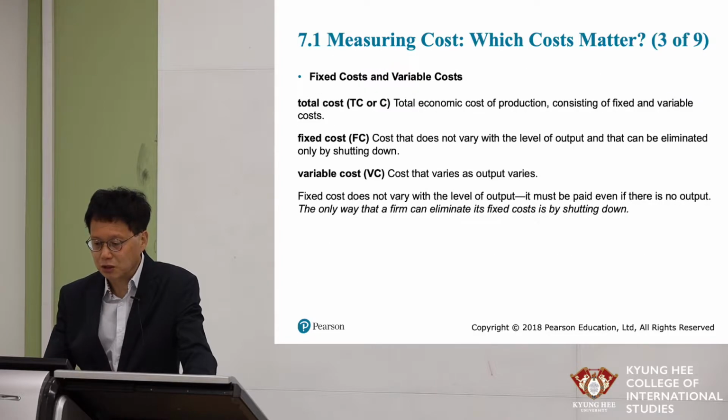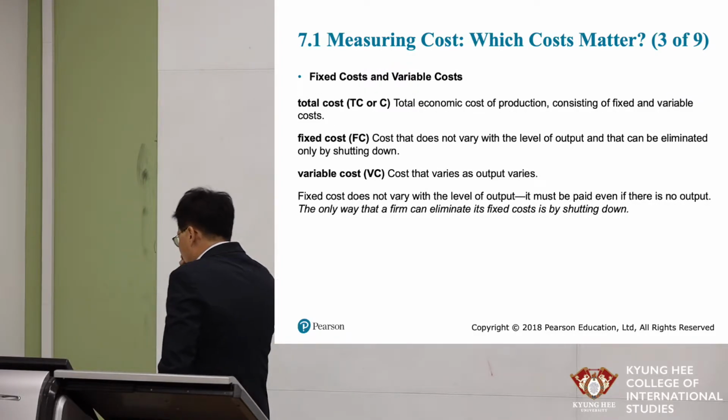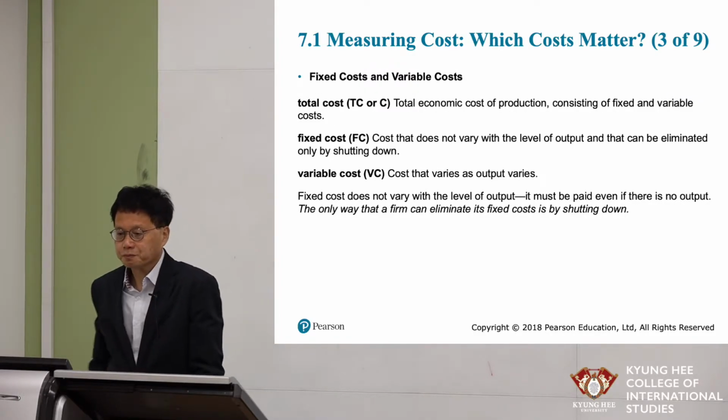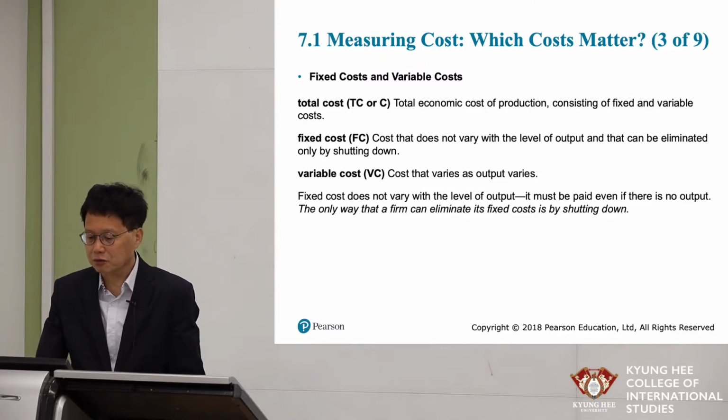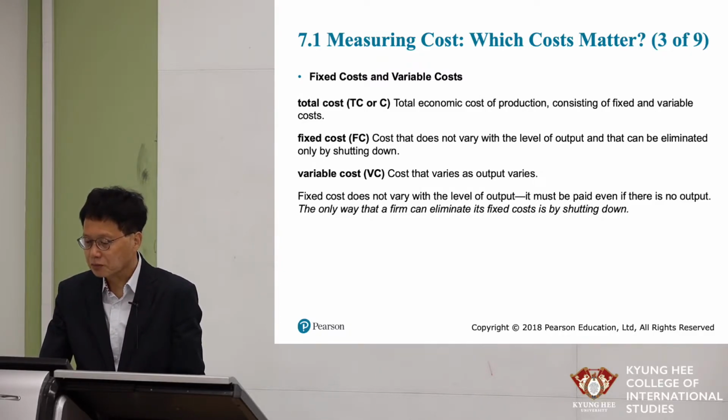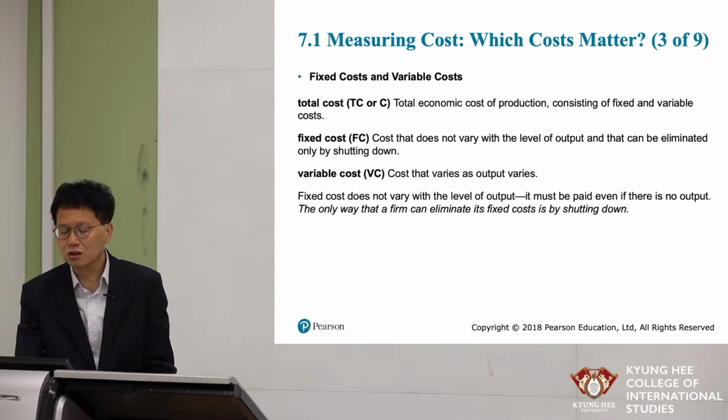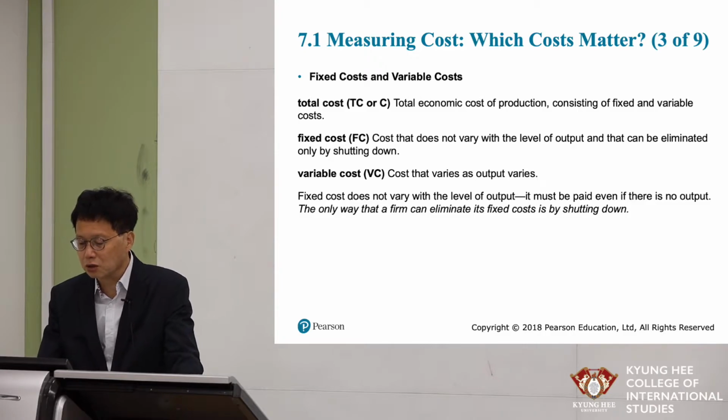Okay, now we go to the next section. Fixed costs and variable costs. Total economic cost of production consists of fixed and variable costs in the short run, isn't it? Fixed cost does not vary with the level of output, and it can be eliminated only by shutting down. It doesn't matter whether you produce 10 pizzas or 100 pizzas in the short run.